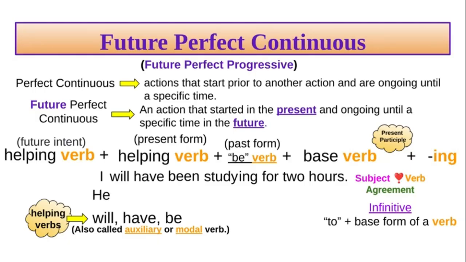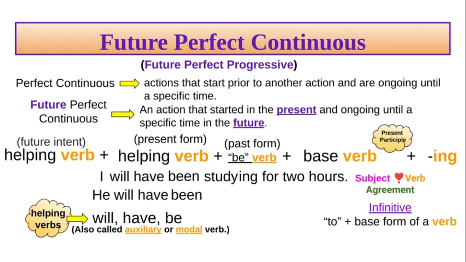Another example using the third person singular, he, the helping verb for future intention, will, and the present form of the helping verb have. Okay, will have. The past form of the helping verb be, been.